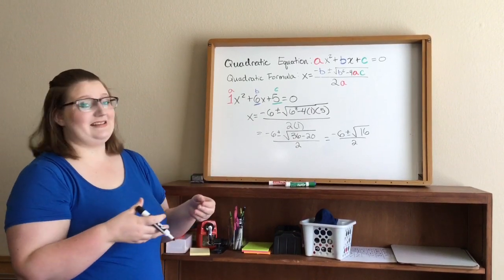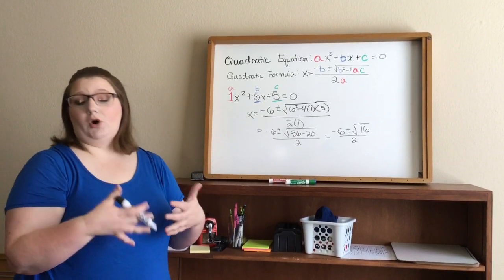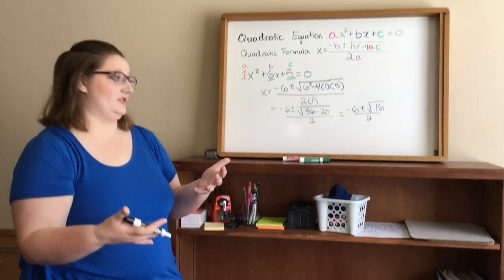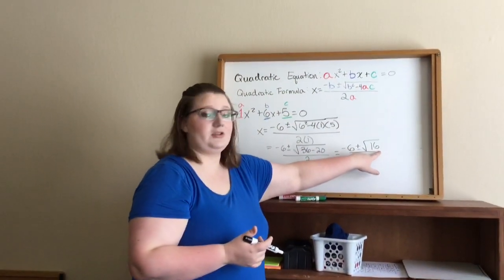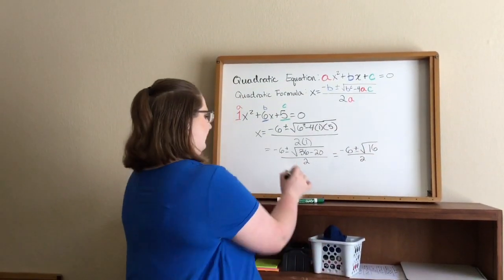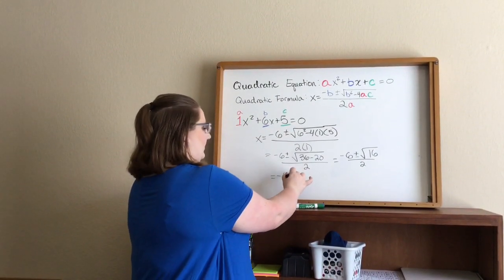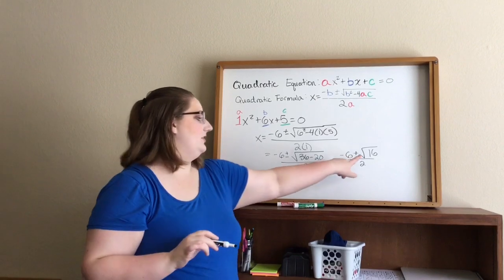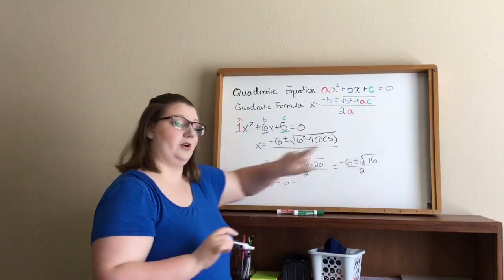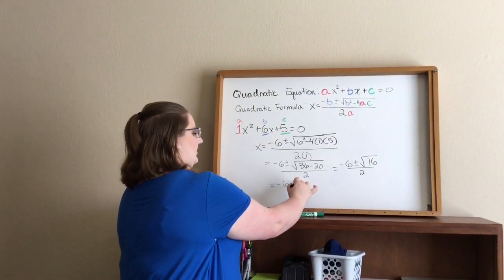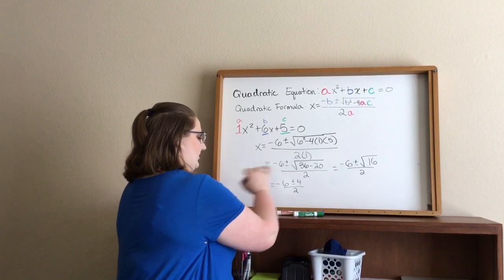So the square root of 16 is actually going to give us a whole number, so 16 is a perfect square. So when we take the square root of 16 to continue simplifying, we still have our negative 6 plus or minus. The square root of 16 is 4, so negative 6 plus or minus 4 over 2.